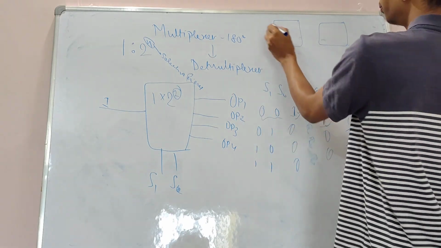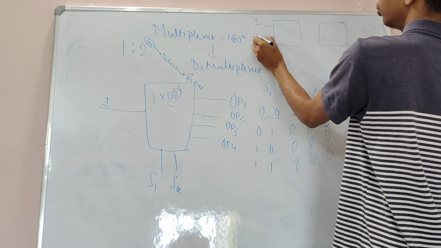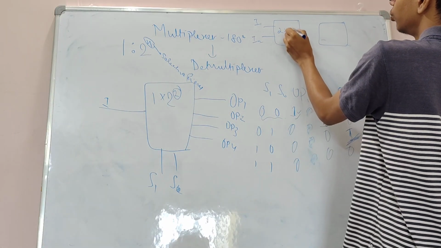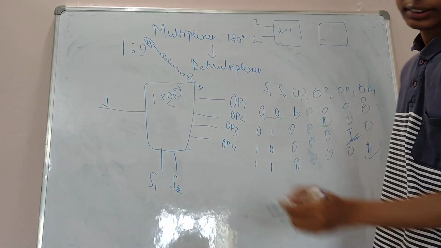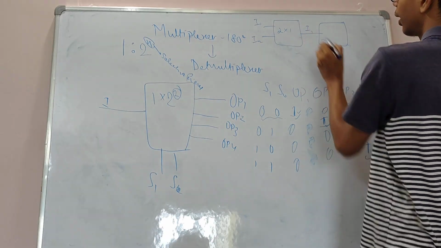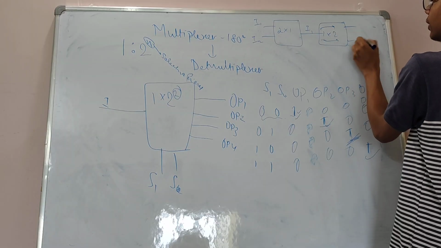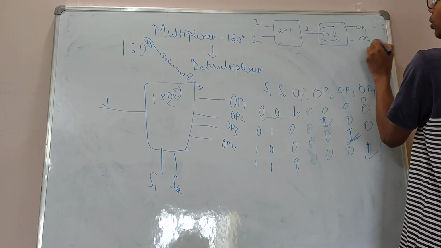Here are my 2 inputs, I1 and I2, and here I have a 2 into 1 multiplexer joined by I1, and this is a 1:2 demultiplexer, and this is output 1, output 2, right?